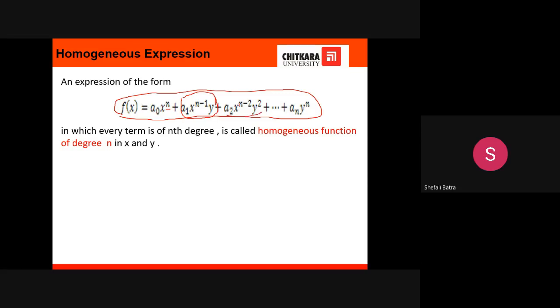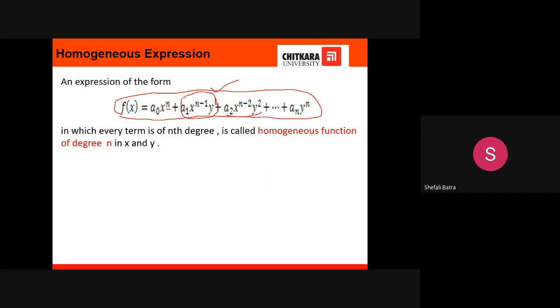Similarly, degree of this term is n minus 2 plus 2, n. Likewise, degree of this term is n. So each term is having degree n. So an expression of this form is known as a homogeneous expression or function of degree n in x and y. Right? So I will say that this is a homogeneous function of degree n in variables x and y.